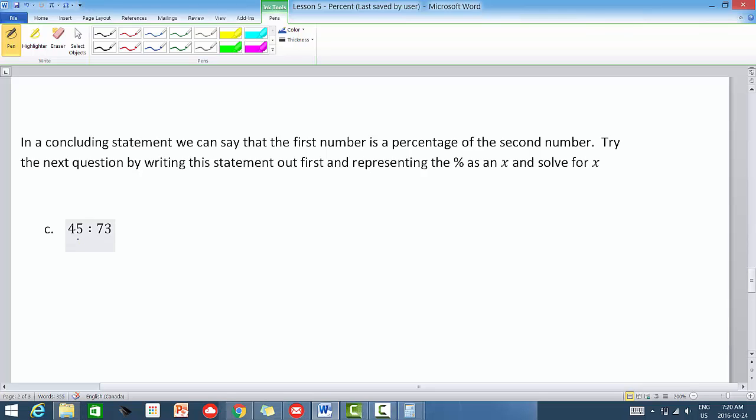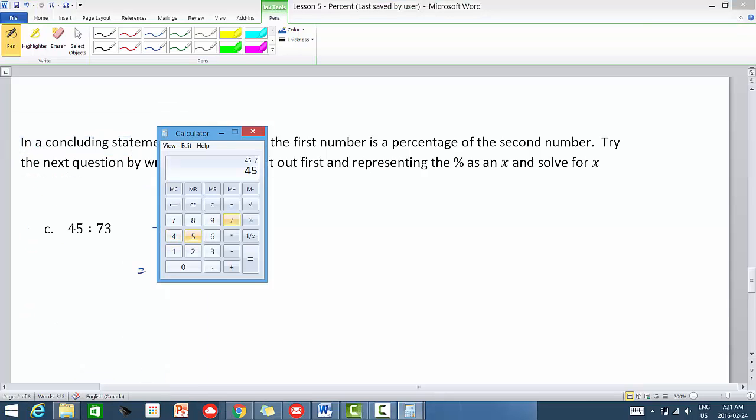This one's a little bit different since the first number is smaller. Okay, so let's just do the same as we did before. So we have 45 divided by 73. We get our calculator out. 45 divided by 73 ends up being 0.6, we're going to say 0.62.